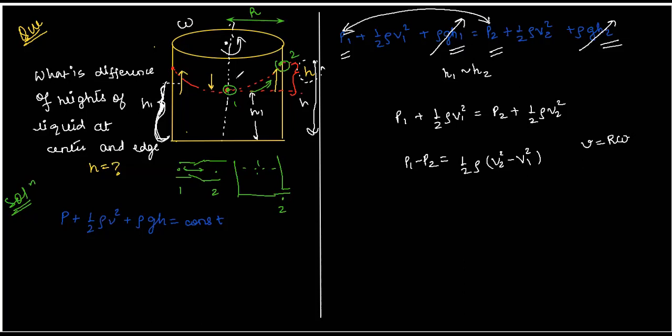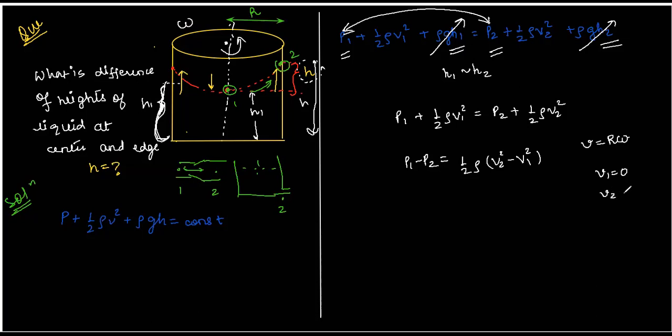Now, what about central point 1? What is the distance of point 1 from the center? Zero, yes sir. It is situated at the center itself, so the velocity of point 1 is therefore equal to 0, right?